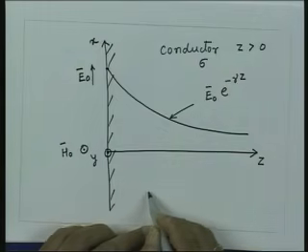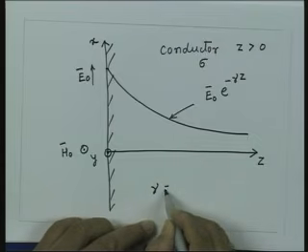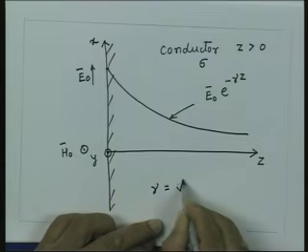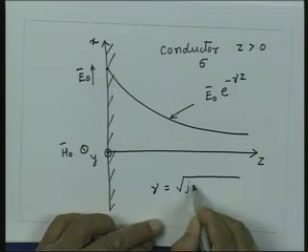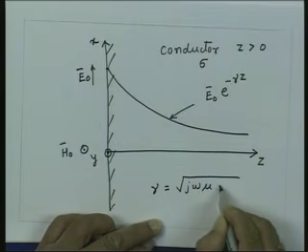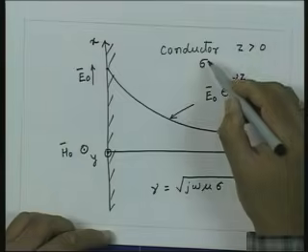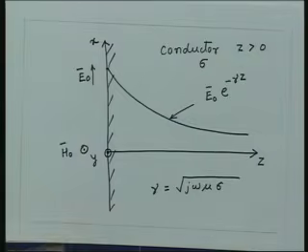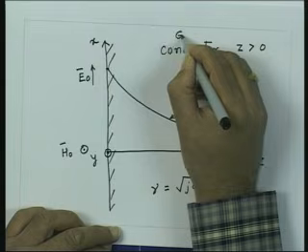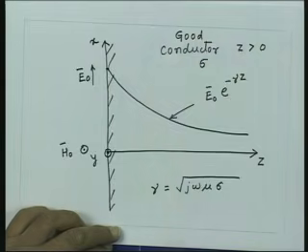So this quantity gamma, which is the propagation constant of this medium, is the square root of j omega mu sigma, as we have seen earlier. If the conductivity is very large, that means this is a good conductor.